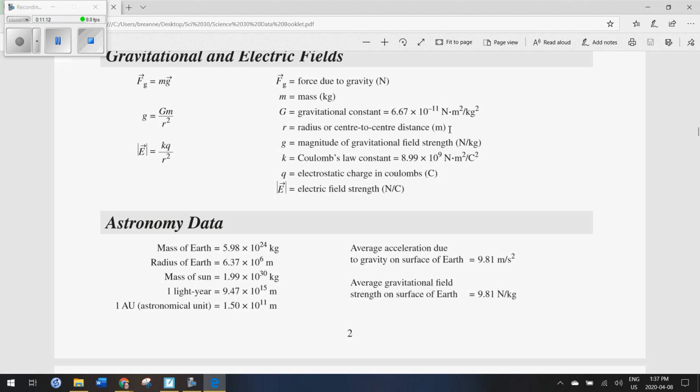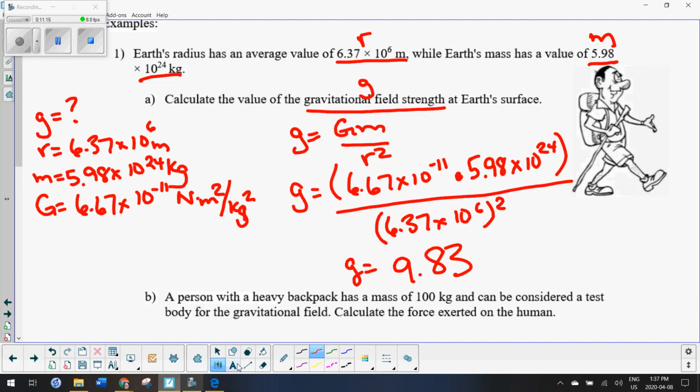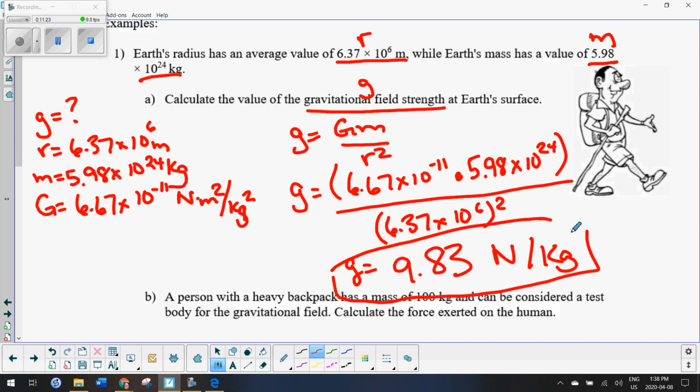Gravity is newtons per kilogram, so we're going to put in newtons per kilogram. Box in your final answer. Whoops, kind of went a little bit lower there, but it is what it is. So there's your first one, which is pretty easy.